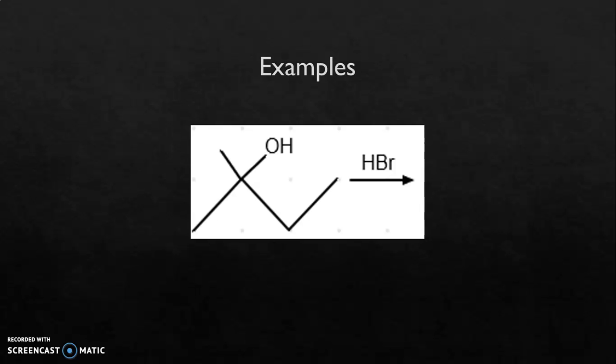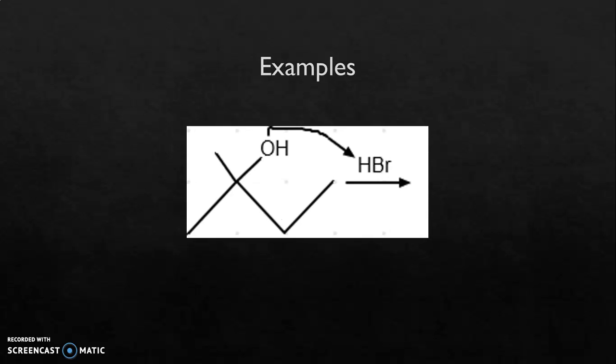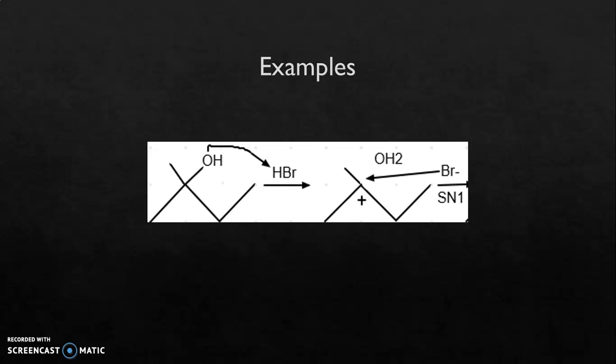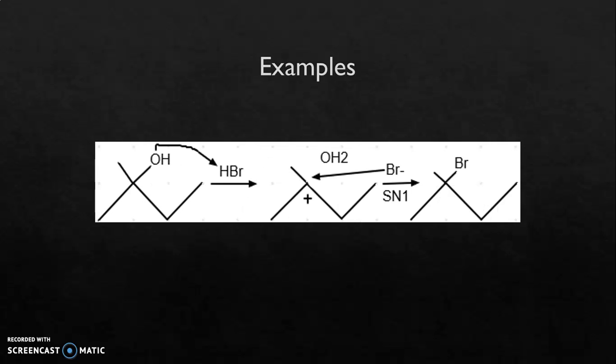The oxygen is going to start this reaction off reaching for the hydrogen in the HBr, and that's going to produce the same molecule but now has an OH2 attached to it, and that is positive. So the Br minus on this reaction is actually going to react after the leaving group leaves. So this is an SN1 reaction, and there's our final product.